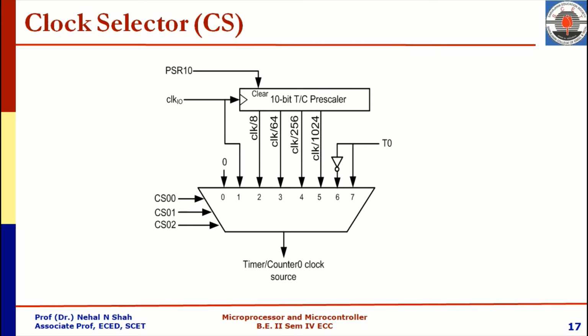As we have seen in the table, there were 8 different sources for a clock. So an 8 cross 1 multiplexer is used with 3 selection lines CS00, CS01, CS02 for selecting clock source for timer counter unit.